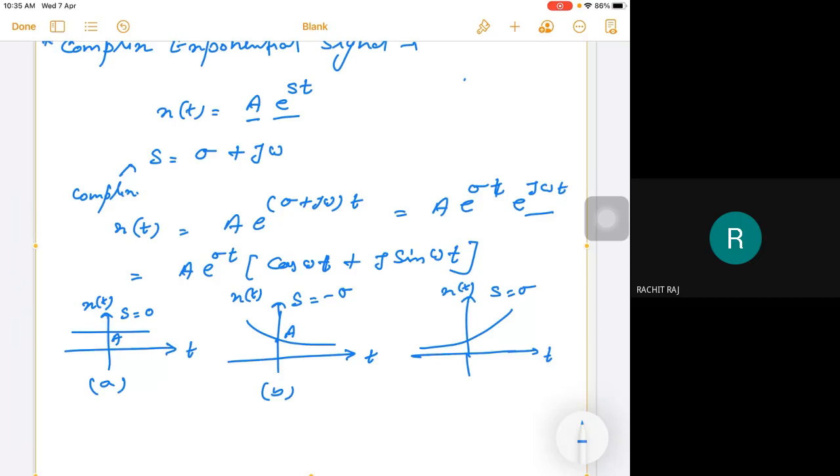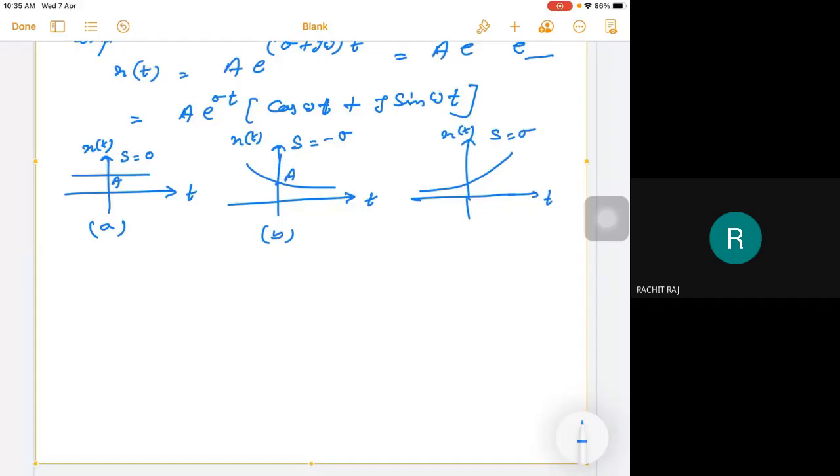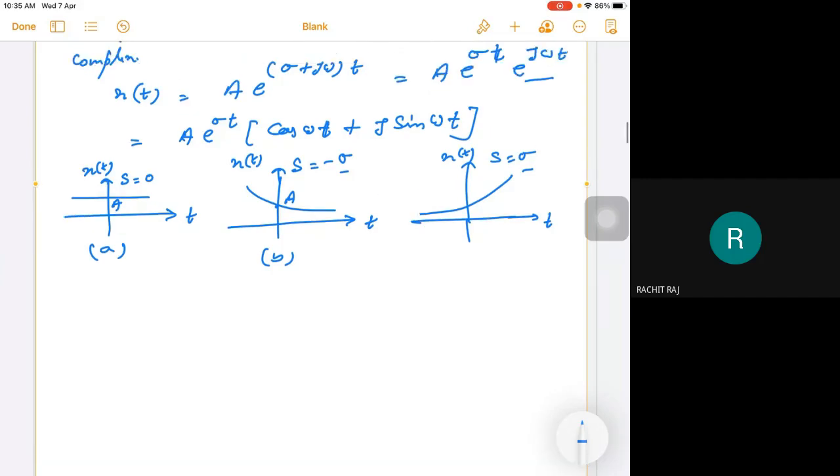Okay, now next, अभी मैंने क्या बनाया, जो रियल पार्ट था उसकी वैल्यूज लेते हैं, क्योंकि आपके पास फंक्शन क्या है, e to the power (sigma plus j omega)t. Imaginary part यहाँ पे we were considering the zero value.